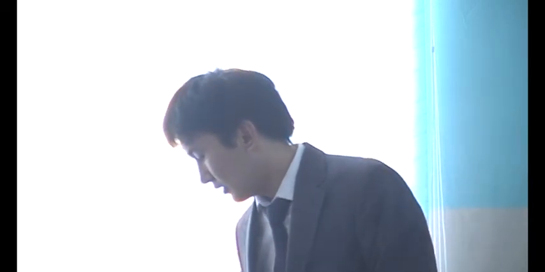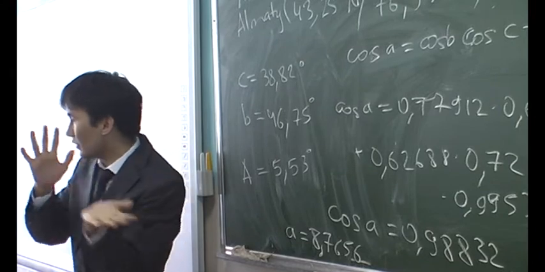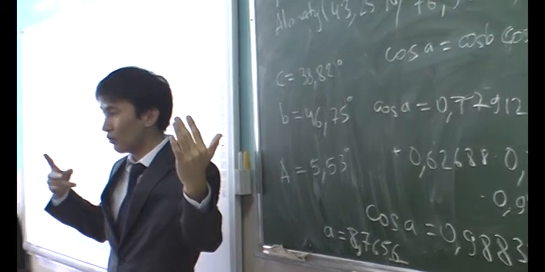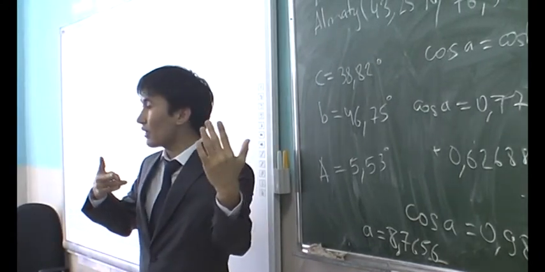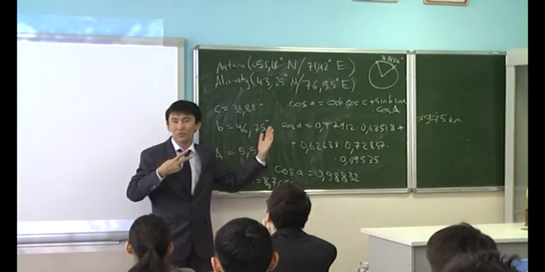Now then, in this universe we have rules, like the one you say here. For example, cosine of 38.82 degrees: for any right triangle with this angle, this rule is correct.